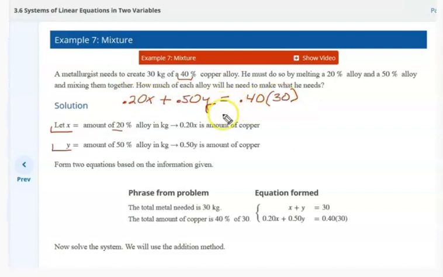Now, since this is systems of equations, how will we represent another equation? Well, here's the amount of X that we need. Here's the amount of Y that we need. And eventually, this is going to equal our 30. So these are our two equations. And of course, this is what they bring in down below.